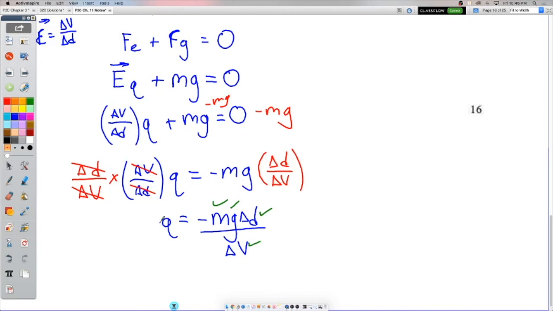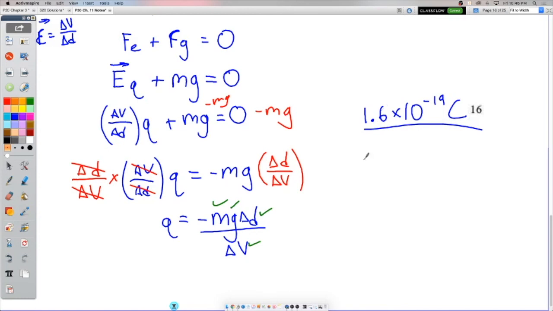But what he did notice is that every time it was a multiple of 1.6 times 10 to the negative 19 coulombs. Now, careful what I said there. It wasn't always 1.6 times 10 to the negative 19 coulombs, but it was always a multiple of that charge.